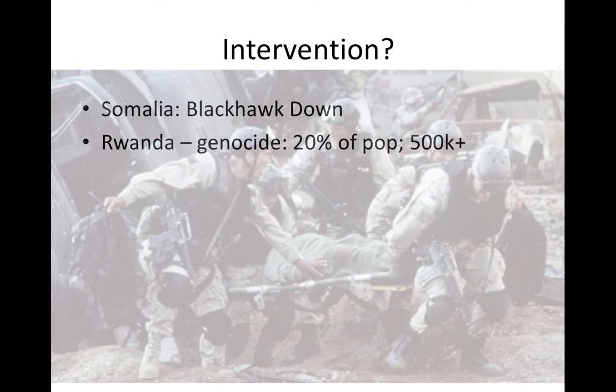Just a huge, horrible genocide where about a fifth of the population and over 500,000, up to 1 million people were just slaughtered in a brutal set of a long-running series of attacks. And President Clinton never intervened until long after the slaughter had gone on too long.